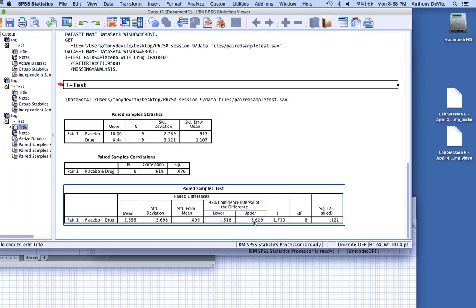I can't say that it's different than 0 because 0 is inside my confidence interval. If we were outside my confidence interval, I could say that I'm better than 95% sure that the mean for my sample differences is different than 0, right? But since it's inside that confidence interval, just like with the significance being greater than 0.05, I can't reject the null hypothesis.